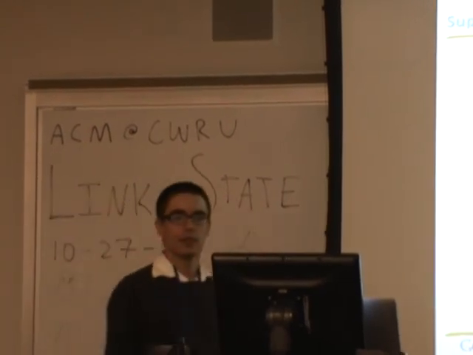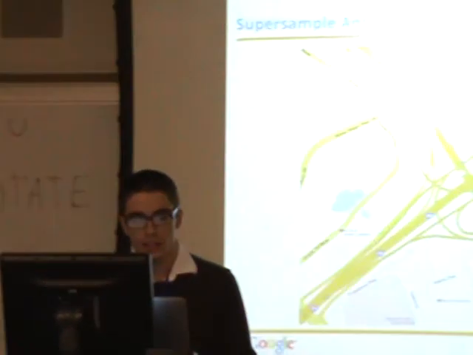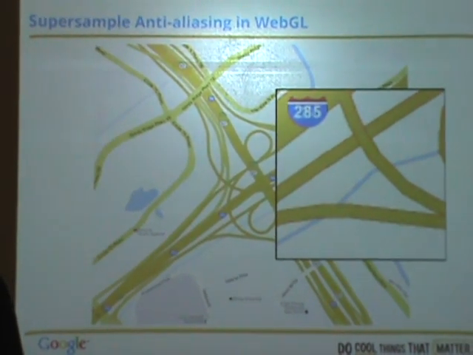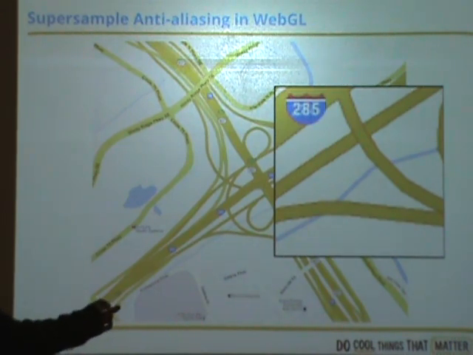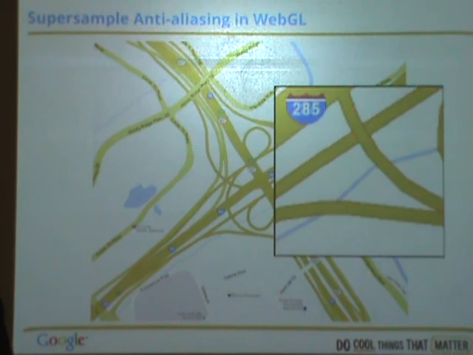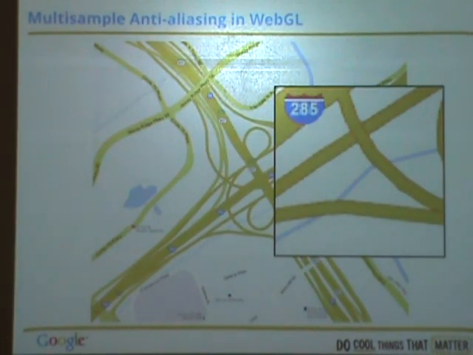Does that make sense? Those are the 2 different types of anti-aliasing, and depending on the GPU and the browser, we'll use one or the other. Super sampling is sort of the fallback because it's a lot easier to do. I think multi-sample anti-aliasing uses a lot more of the GPU, features that are native to the graphics card.